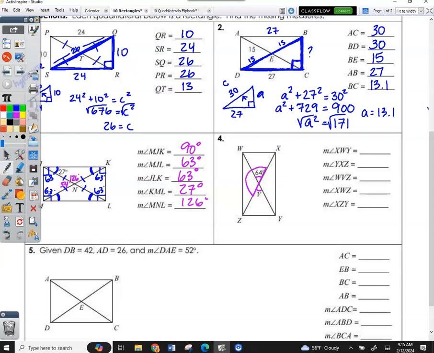So what would it measure? 180 minus 64, what do you get? 116. So what's this? What are the corners? 90, 90. Now I want you to write your isosceles angles and find the angles in the corner.